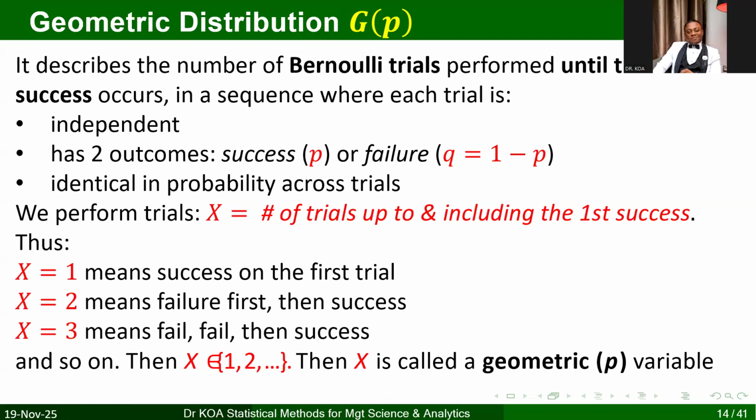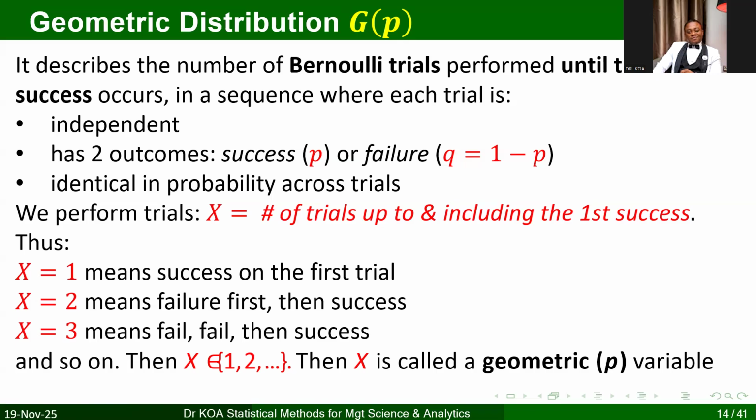Each trial is also two outcomes, success or failure. Success is P, failure is Q, which is 1 minus P. Therefore, P plus Q is what? It's 1. Okay. Now, each trial is identical in probability across trials.